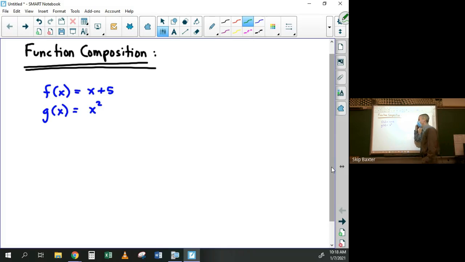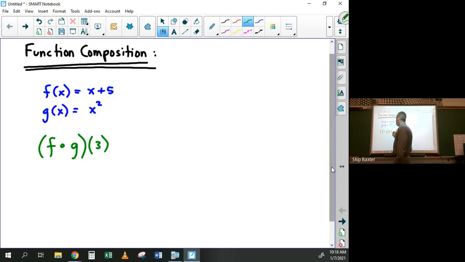There are two ways of writing this notation-wise. You could write f, then a little circle in the middle of the line, g. It's not an O, it's more in the middle of the line like a multiplication symbol, but it's an open circle, not a dot. So f composed with g of 3.